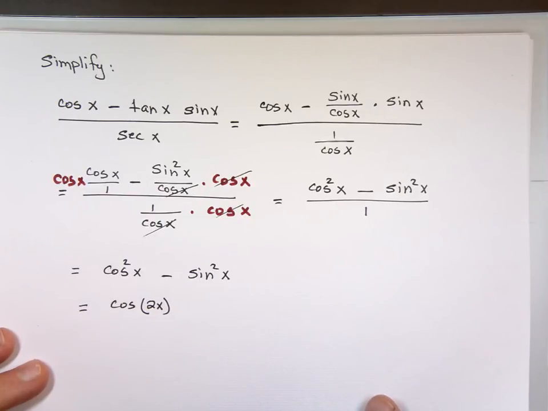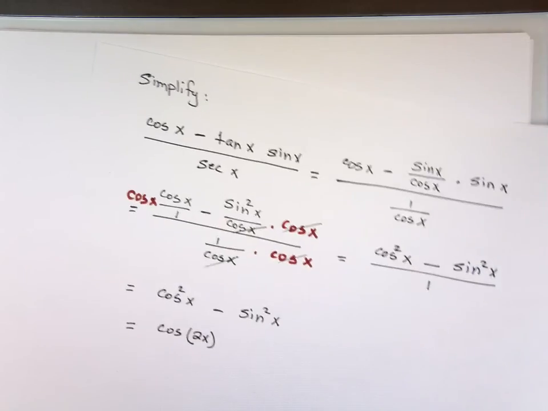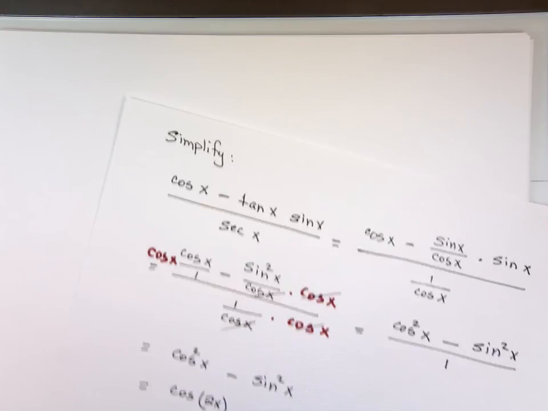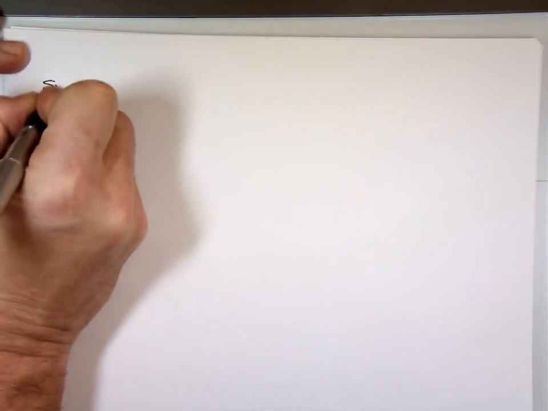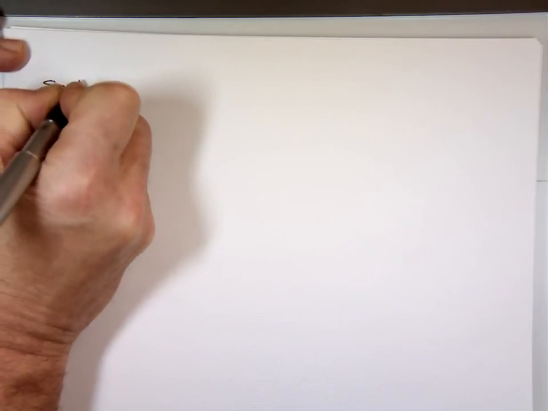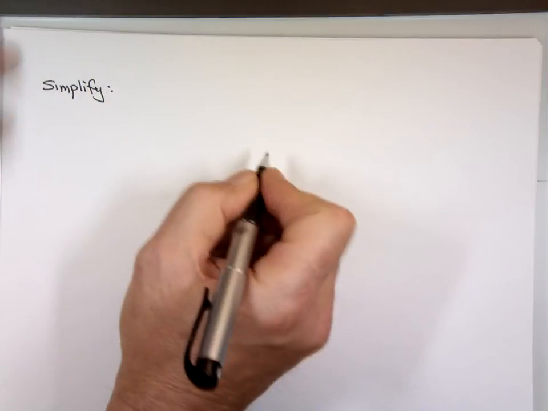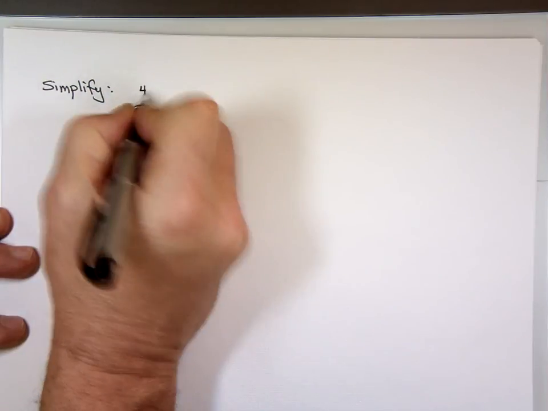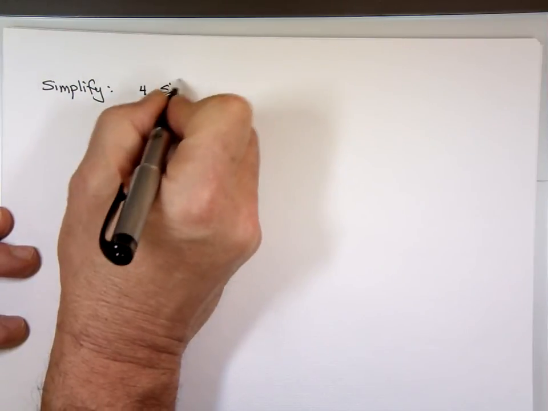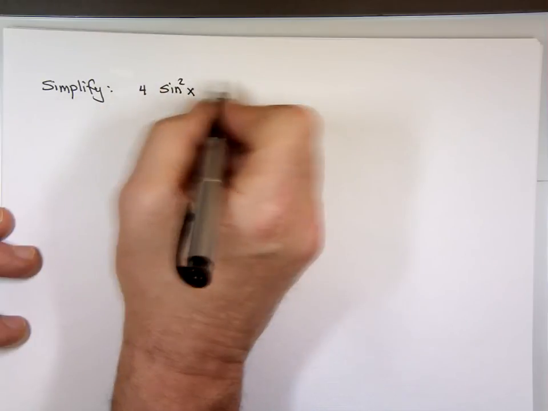A couple more examples and I'm done. What about if you have this problem? Simplify. Four sine squared x cosine squared x.